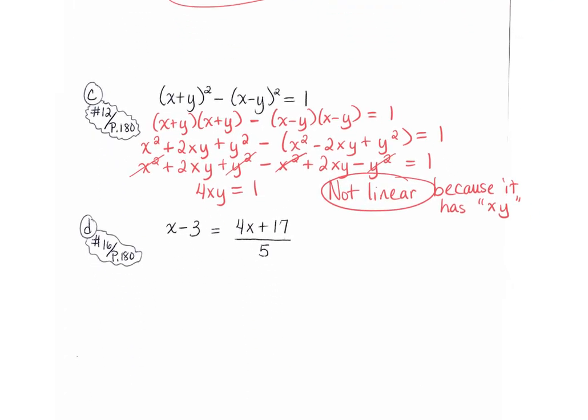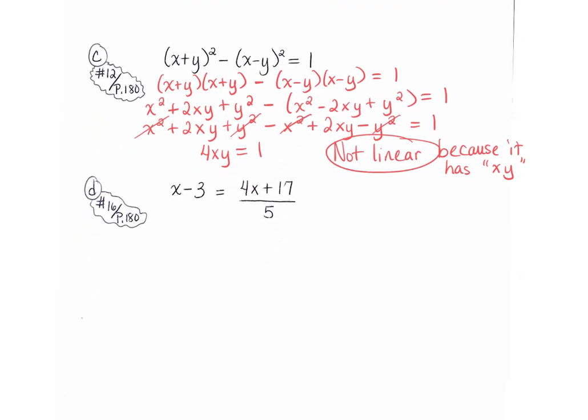Okay, what about D? In D, we have x minus 3 equals 4x plus 17 over 5. Initially you may have a moment of pausing here because you see this rational expression on this side. But do not panic, because we can multiply both sides by 5 to eliminate that rational expression.